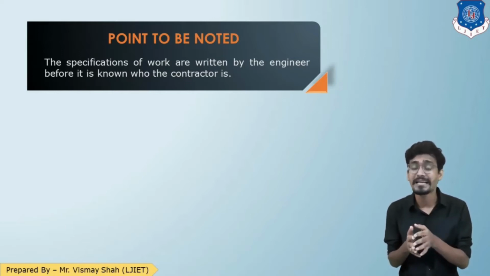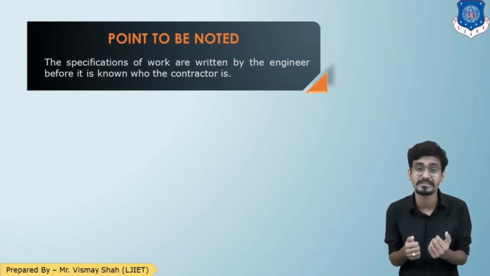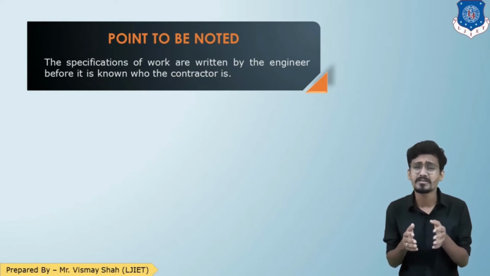This is completely in the pre-construction process. So you have to be very accurate in whatever you write, because one small mistake can lead to huge technical loss or huge financial loss. I hope you have understood why we are studying this in such detail.